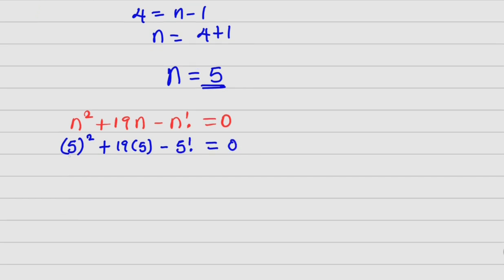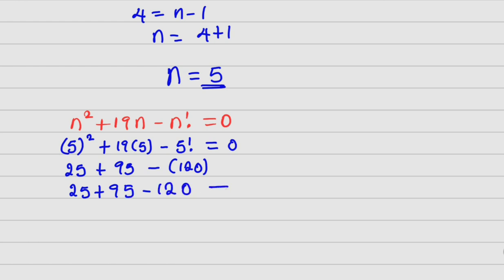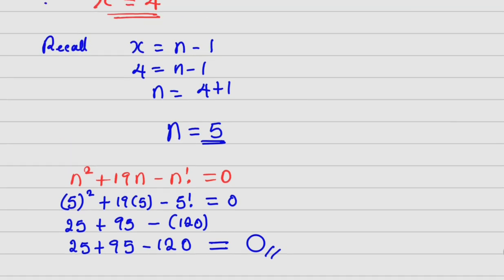Now let's check. 5 squared is 25 plus 19 times 5, which is 95. Then I have minus 5 factorial, which is 120. So this is 25 plus 95 minus 120. And you could see that the answer is 0. So we are very correct. Our answer is n is equals to 5.